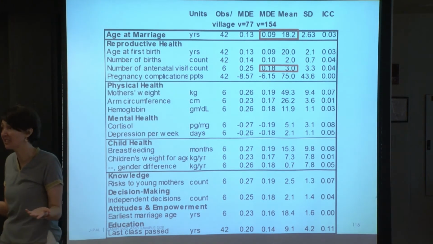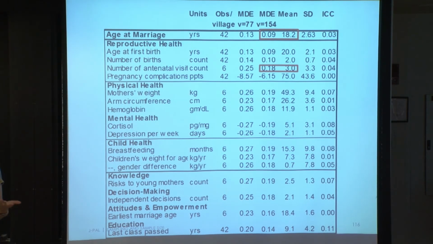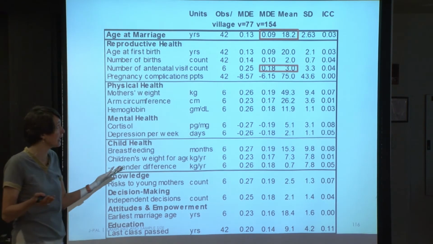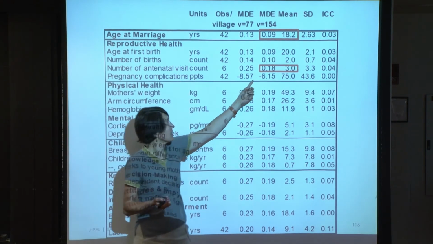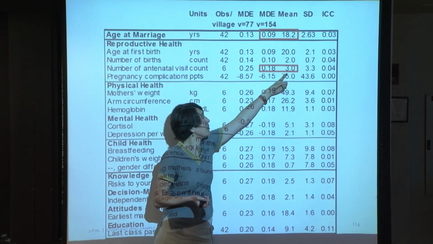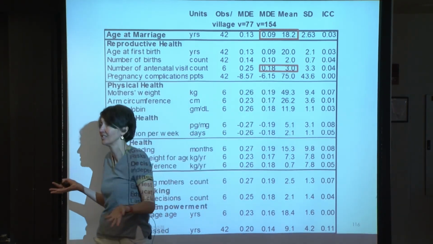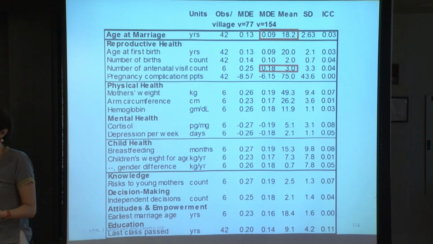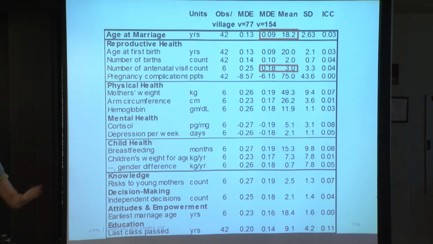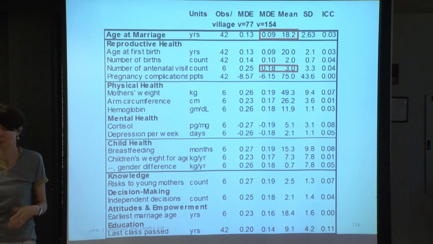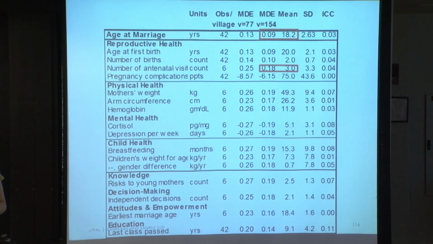I'm still going to measure it because I'm doing all this work, I might as well measure it. But I know going in that it's 0.18 on a mean of 3. That's not as good. But it's not my main outcome variable. I'm still going to do a power analysis of it.